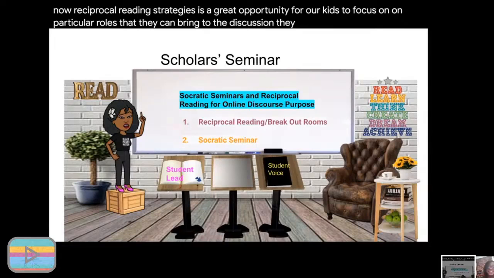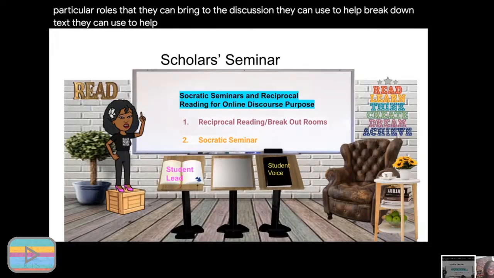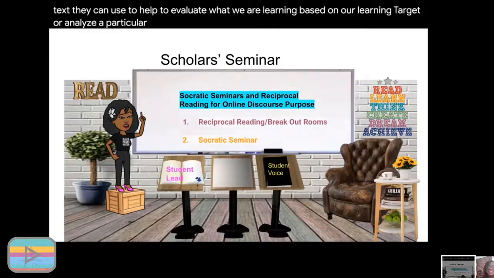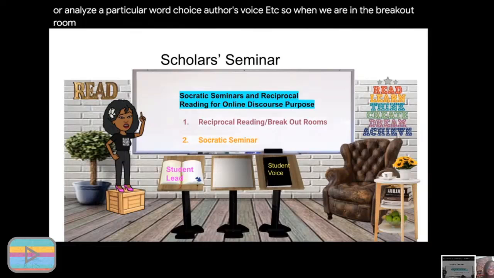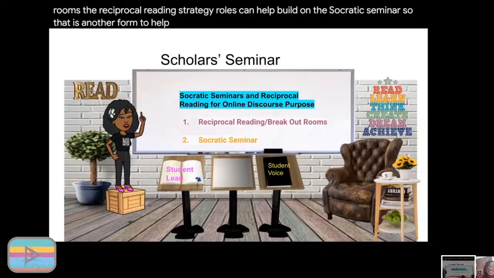They can use them to help break down text, to evaluate what we are learning based on our learning target, or analyze a particular word choice, author's voice, etc. So when we are in the breakout rooms, the reciprocal reading strategy roles can help build on the Socratic seminar. So that is another form to help build discourse or discussion within our lesson.